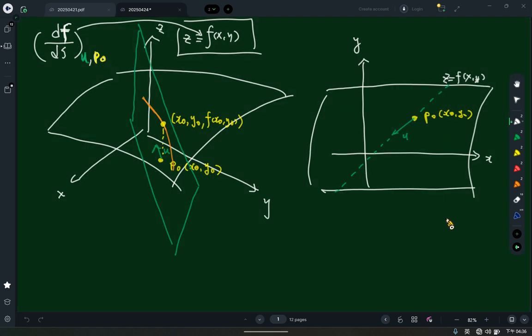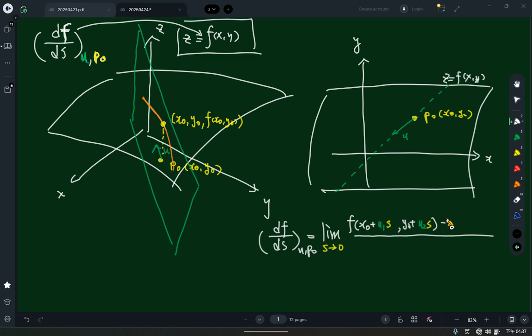So it will be df over ds in direction u at p0 as the limit, as s goes to 0, of f of x0 plus s u1, y0 plus s u2, later I'll explain so no worry, minus f of x0, y0, over s.